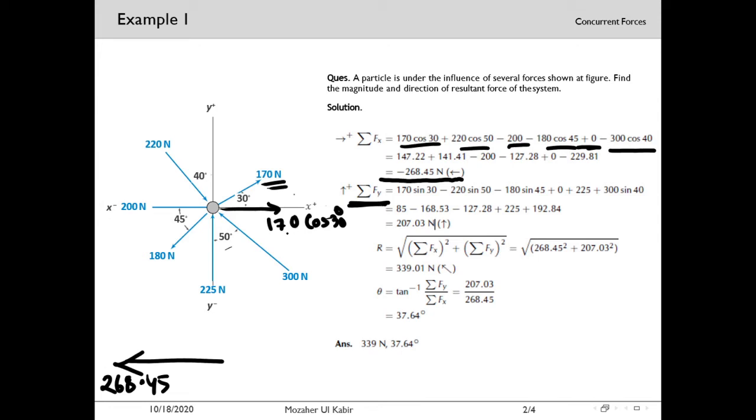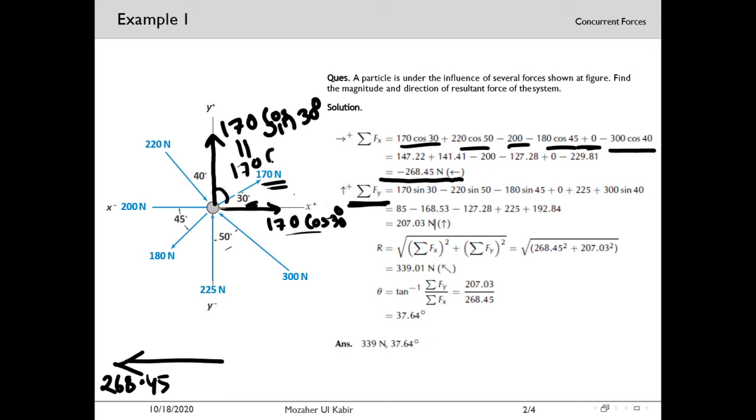As it is 170 cos 30, the other one which is acting in y direction will be 170 sine 30, as the angle is 30 degree. We can also write it as 170 cos 60, since the other angle is 60 degree.